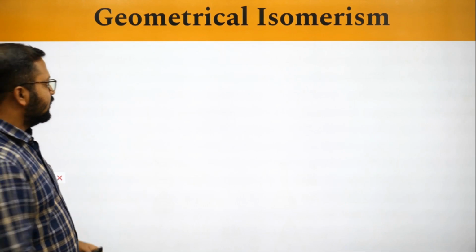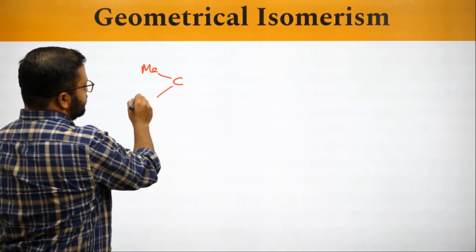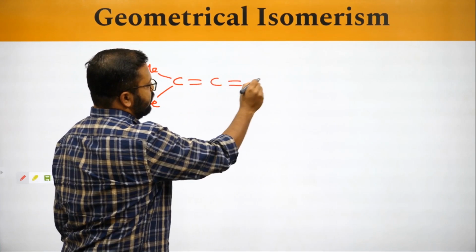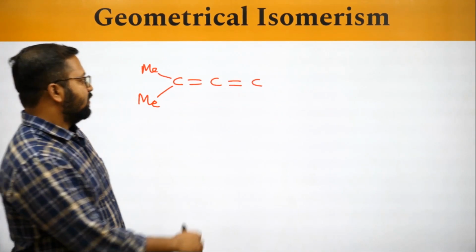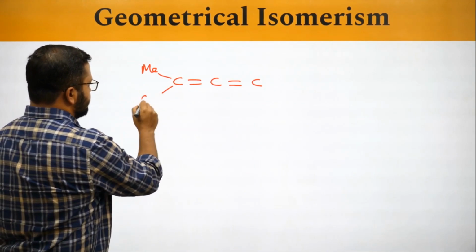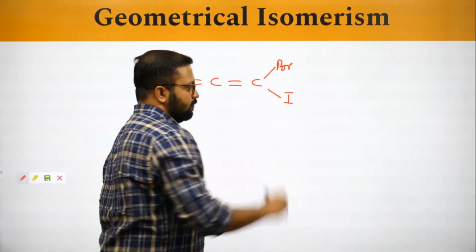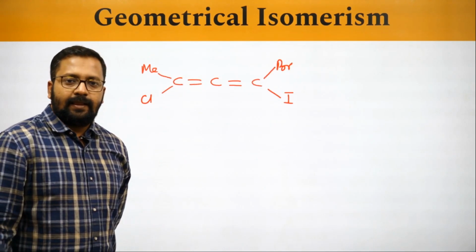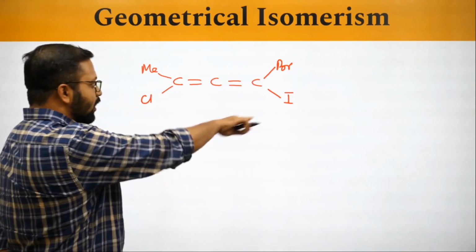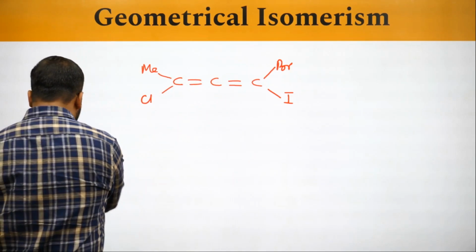So, this is a molecule which is known as allene. A number of you might be aware of what an allene is. Okay, so rather than taking this as methyl, let's take this as chlorine, bromine, iodine. Okay, now the point is, this whole molecule is present in a particular manner.